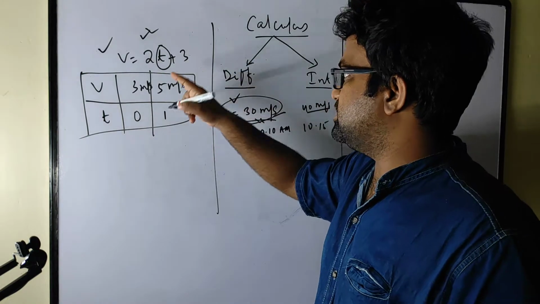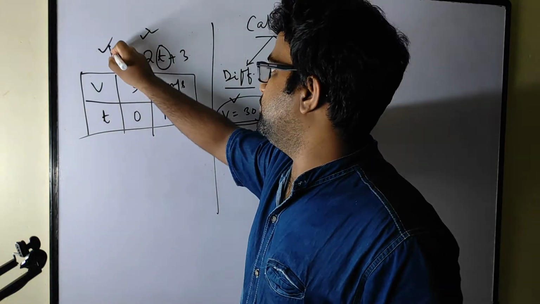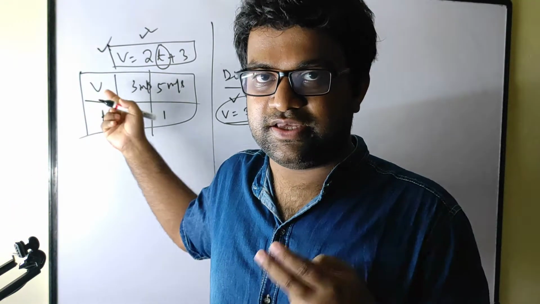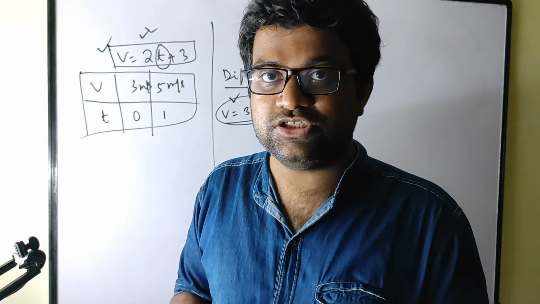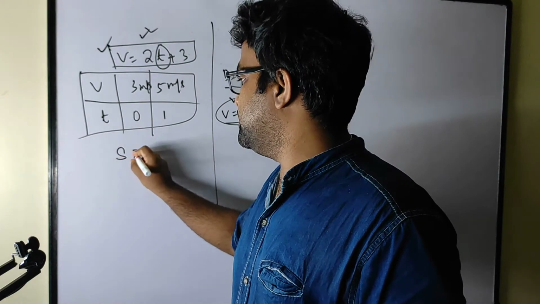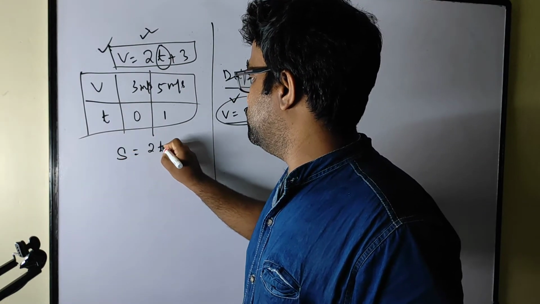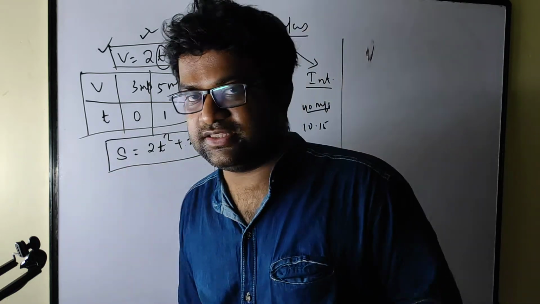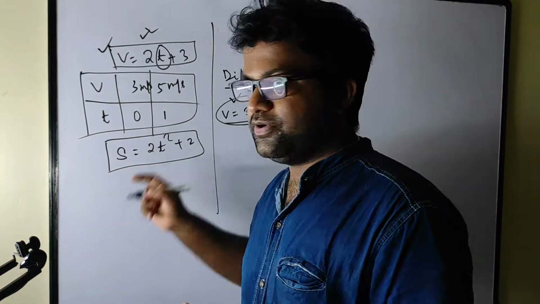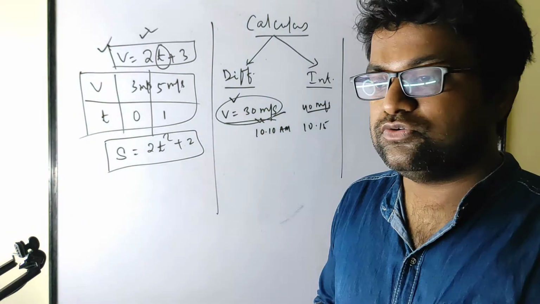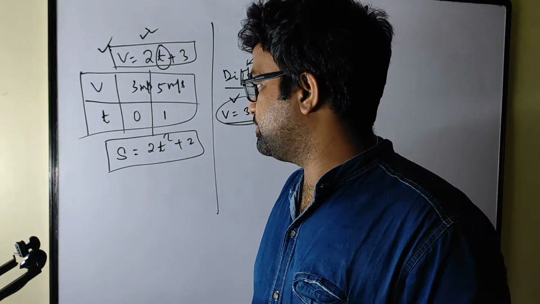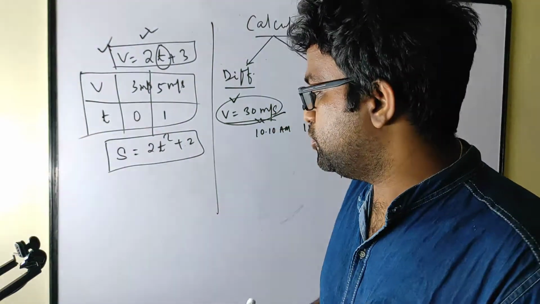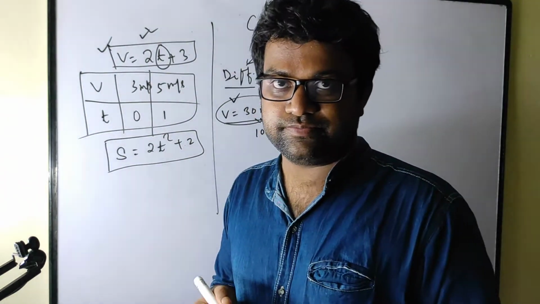So in such cases, if the velocity is given like this, and I ask what will be the acceleration, or if the displacement is given as 2t square plus 2, depending upon time, and I ask what will be your displacement at a particular instant, or your velocity at a particular instant, we cannot find it directly.